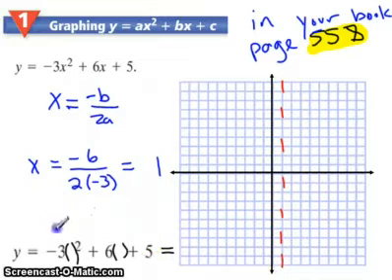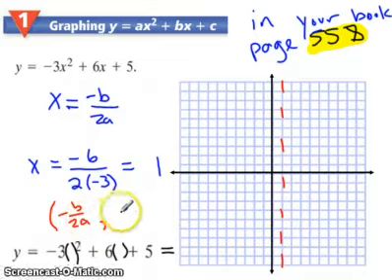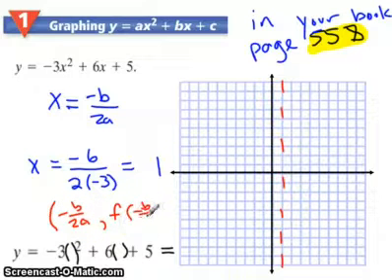Now, what does that mean for the vertex? This is the x value for the vertex. So the vertex happens on this line of symmetry. This is 1. And so this says find the function value at that 1. So find out what happens when the line of symmetry, which is the x value for our vertex, gets put in here.